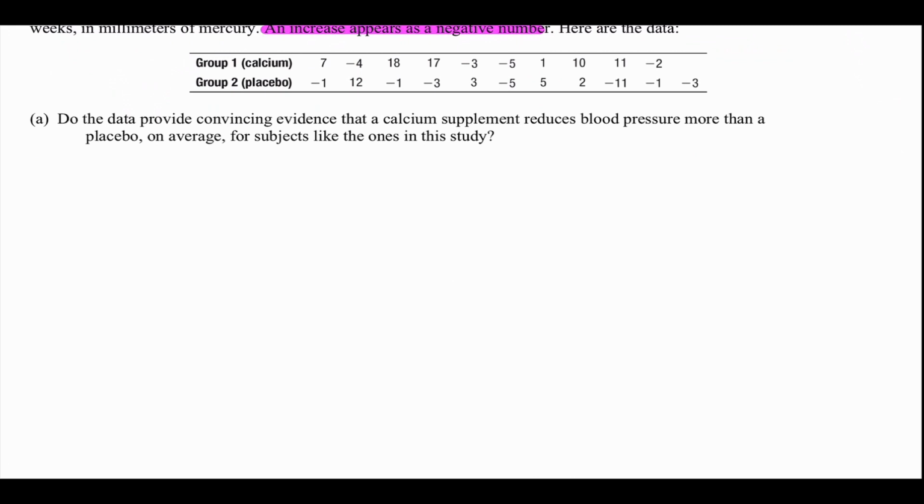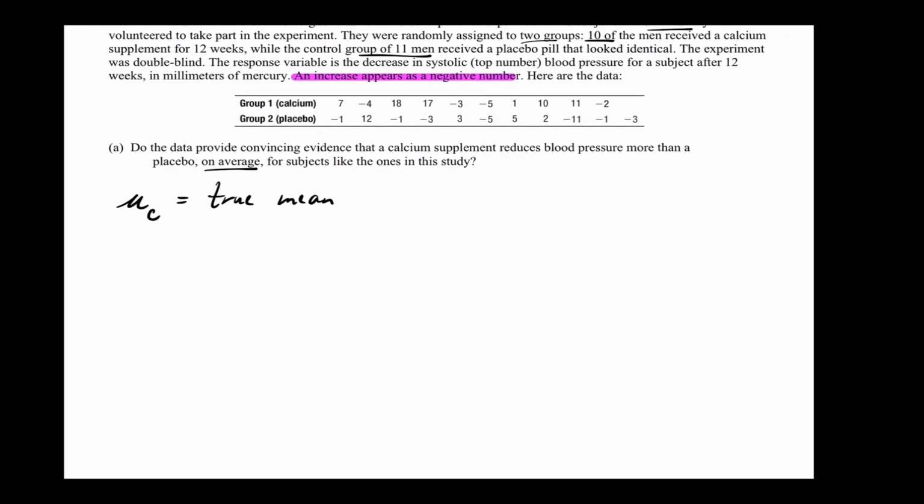Okay. So tests. We have 2 groups, right? So it's means, averages. I'm going to say C for the first one, calcium for the first group. So it's going to start: true mean, what did we measure?